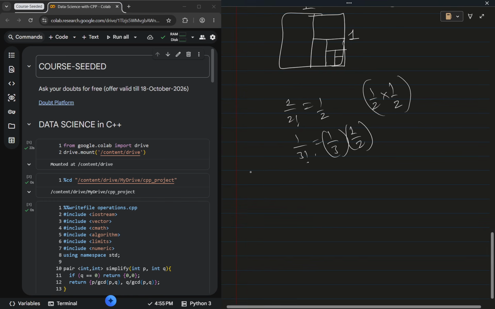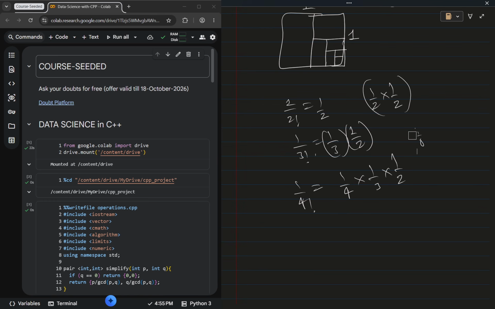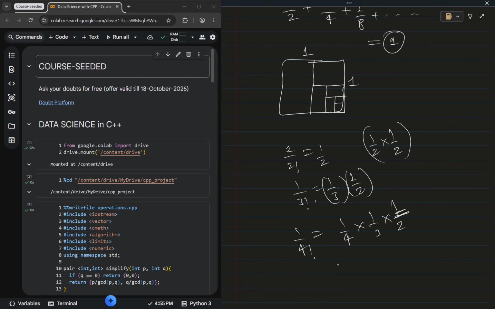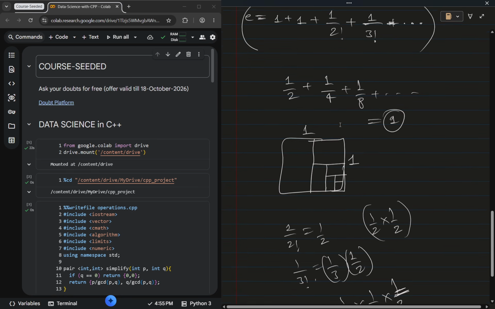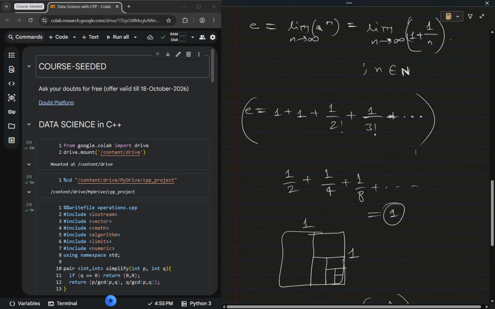And similarly, you get 1 by 4 factorial, which is even smaller than half of half. So basically you get smaller than that 1 by 8 as well. So we are not just halving every number, we are reducing it even more. So that gives you less than 1 for this 1 by 2 factorial plus 1 by 3 factorial and all.